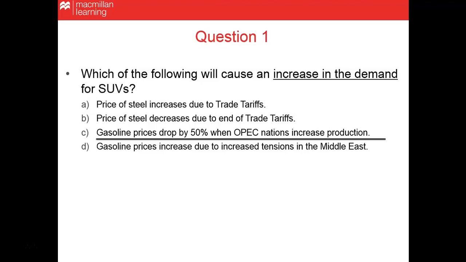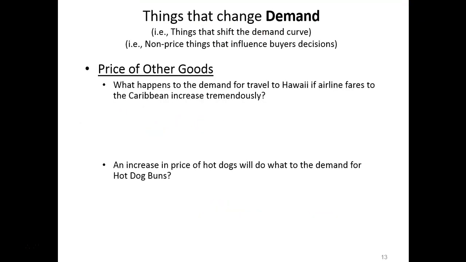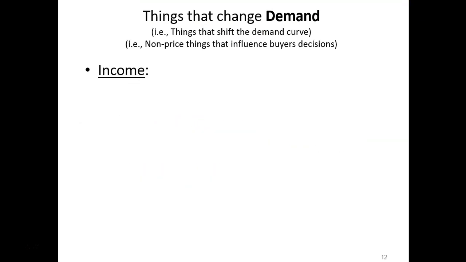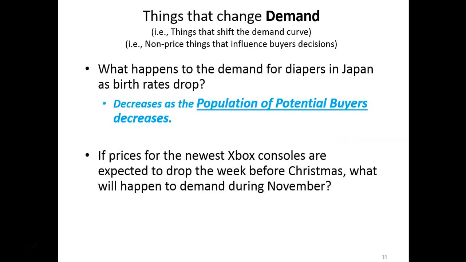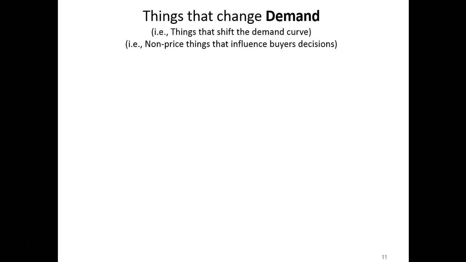So that quick little description is an example of why it's critical to keep the concepts of demand and supply separate. Demand only changes when one of these things that the consumer cares about changes, things that impact the consumer's income or desire or the size of the market.